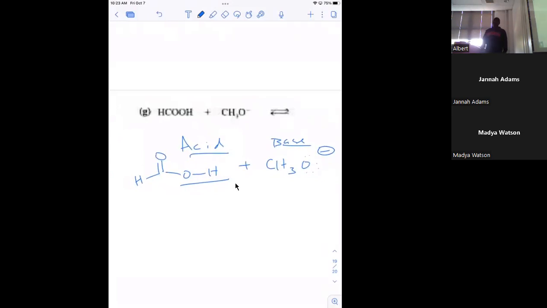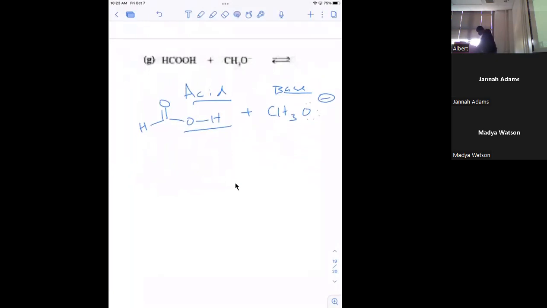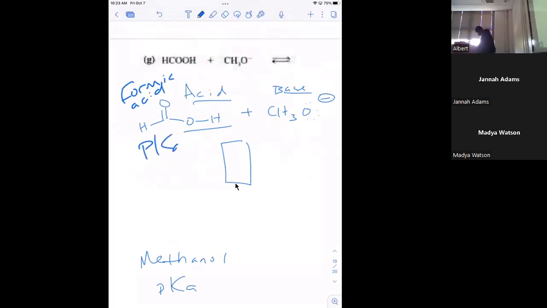So we need somebody to look up the pKa for formic acid, and we need to look up for methanol, which is going to be the conjugate acid. If you get stuck, ask a question.